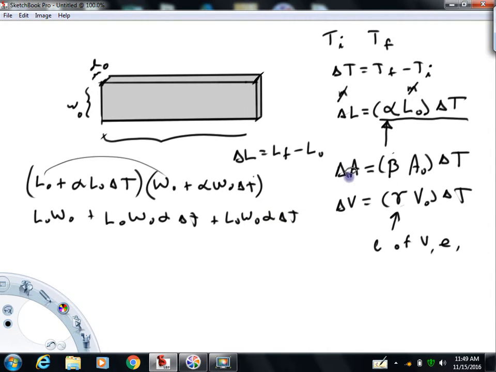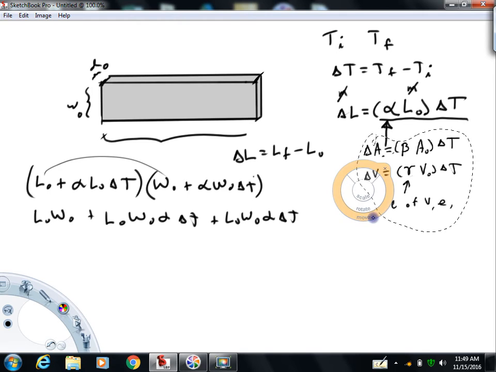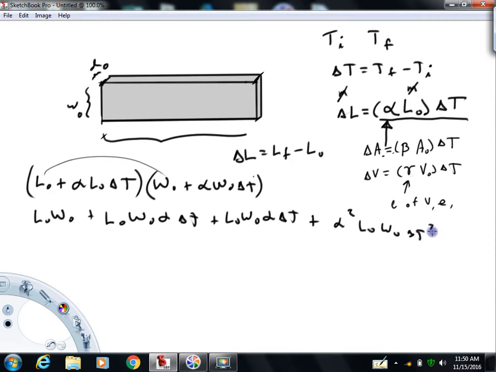And then the last product, when we multiply that out, is this product when we FOIL this, and that's going to be alpha squared L sub O, W sub O, delta T squared.